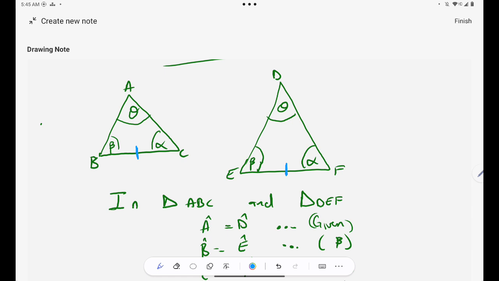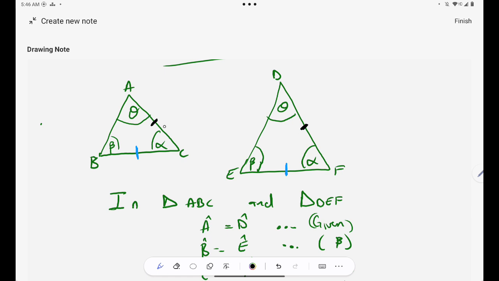Are you together? So I'm expecting BC and EF to be in the same proportion. Why? Because they subtend equal angles. That's when they talk about corresponding sides. Corresponding sides are sides which subtend equal angles. So another one, I'm expecting side AC to be in the same proportion as side DF. Why?